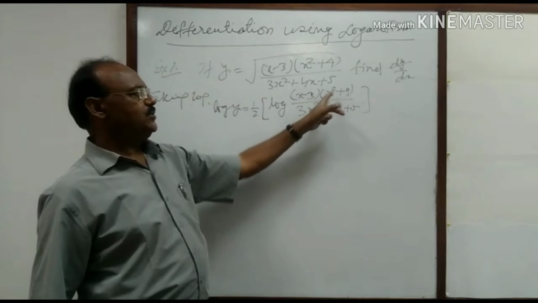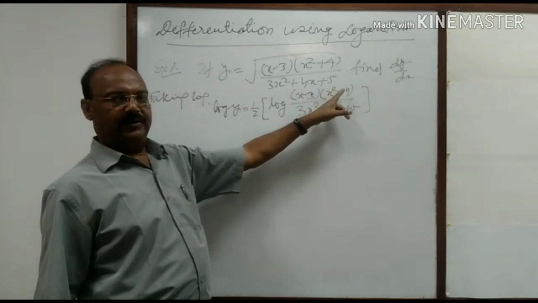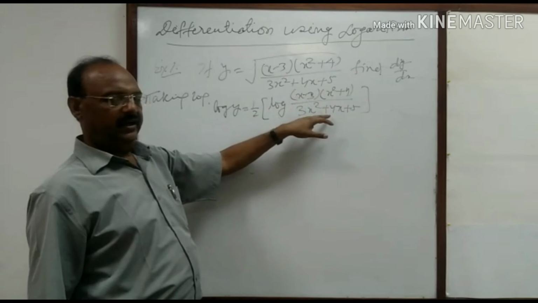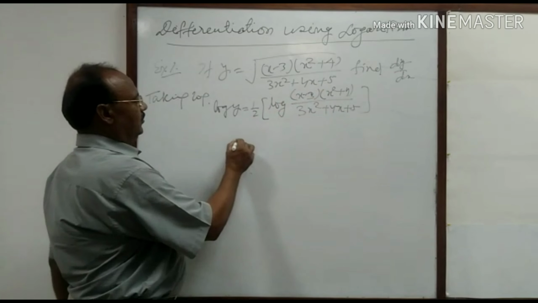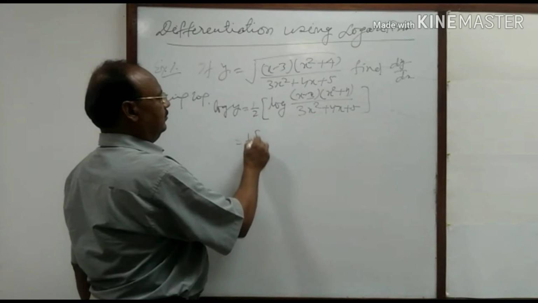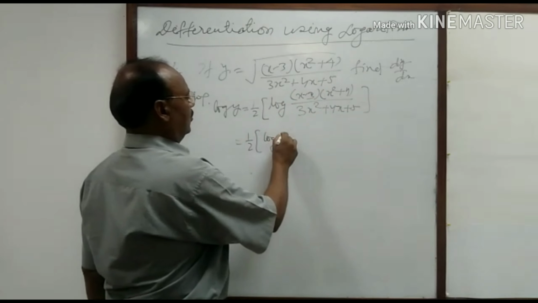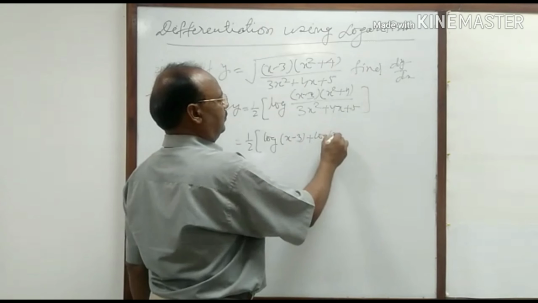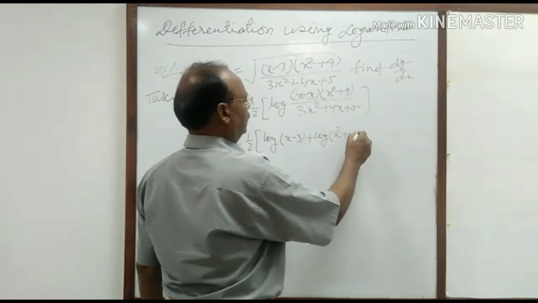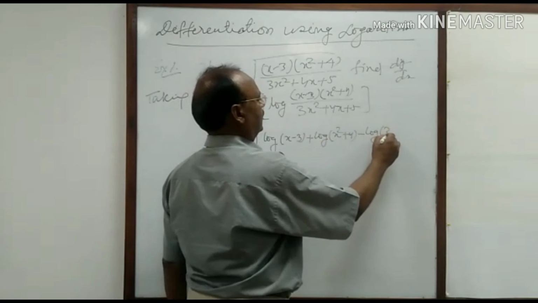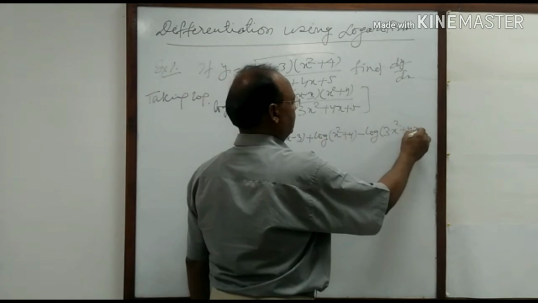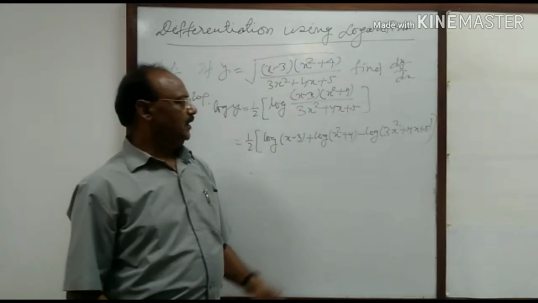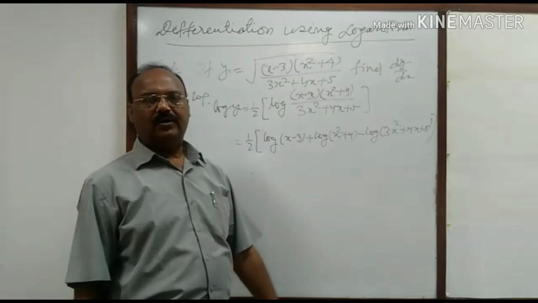Now this can be reduced using the log of m into n and the quotient log m by n. So we can write this as half of log of x minus 3 plus log of x square plus 4 minus log of 3x square plus 4x plus 5. Now it has been reduced to a very simple form.